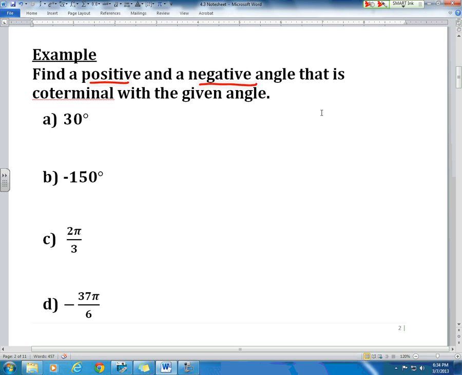30 degrees. If I want another angle that's coterminal with 30 degrees, that means that another positive angle has got to be an integer multiple of 360 degrees in relation to the 30 degrees. So I strictly could do this. 30 degrees, we're going to add another 360 degrees.